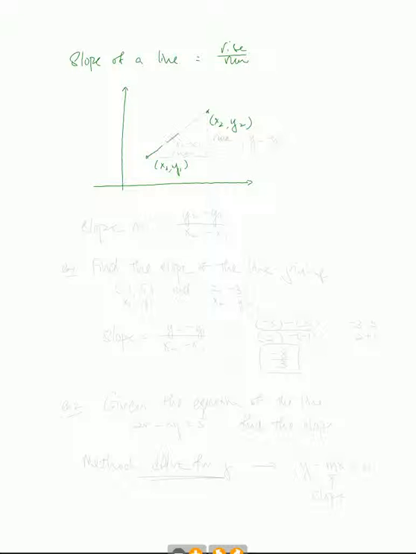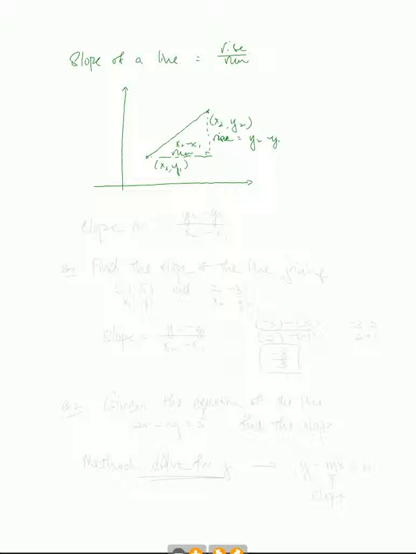Now, joining these 2 points with a line, you notice that we could form a right triangle, and hence get the rise and the run. The rise is the difference in the y's, and the run is the difference in the x's.